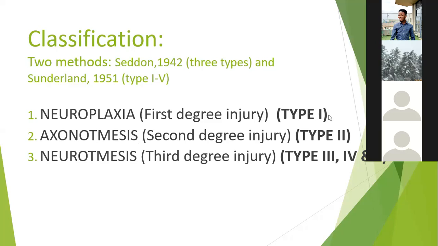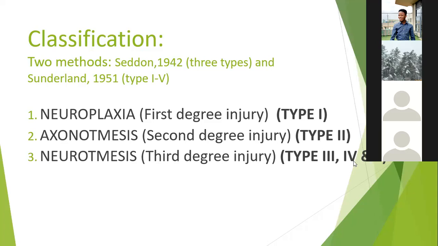So in type 1, the nerve fiber is intact and the covering connective tissues are intact. In type 2, the axon has been cut, but the covering connective tissues are intact.